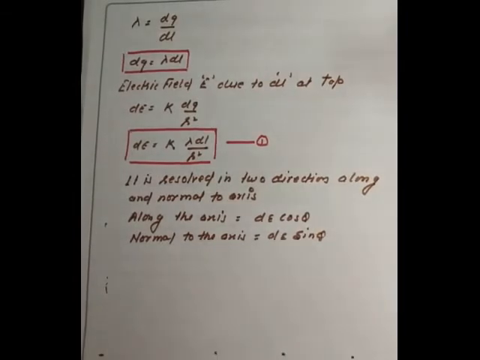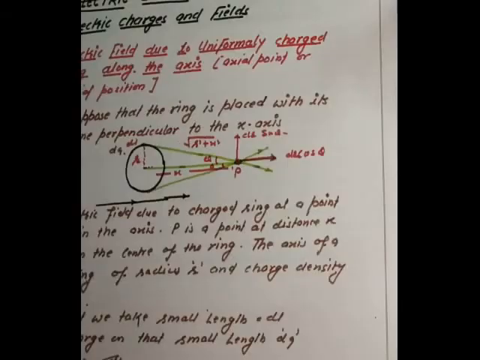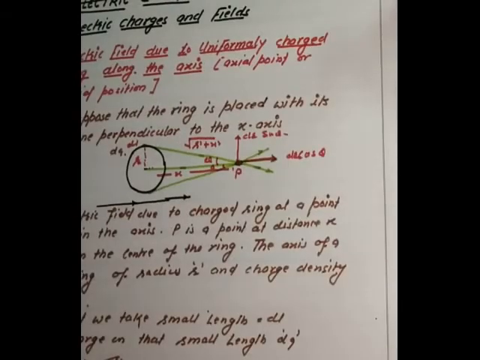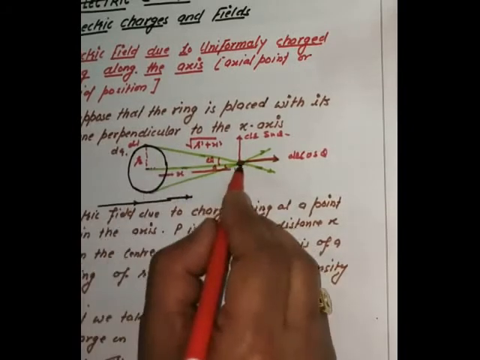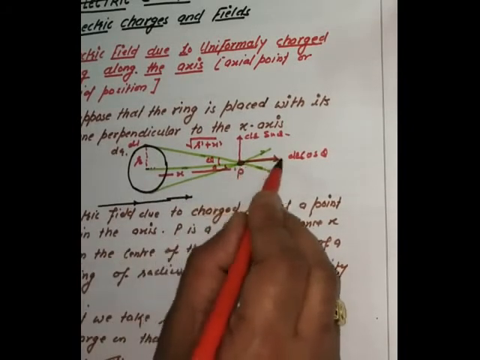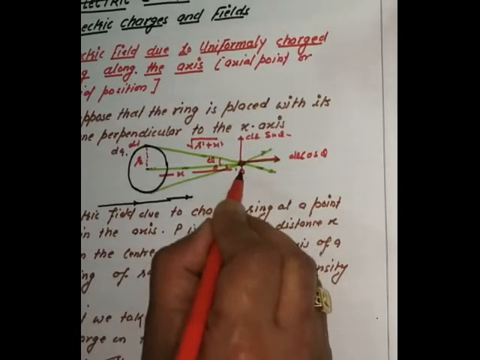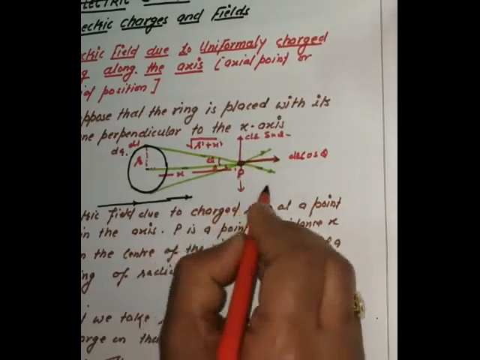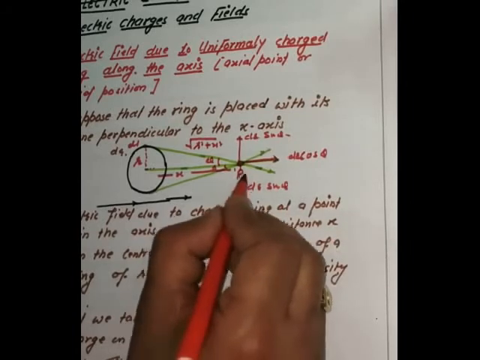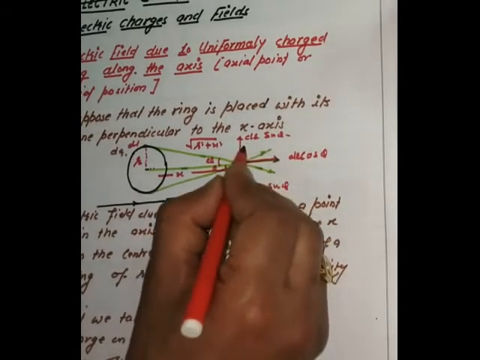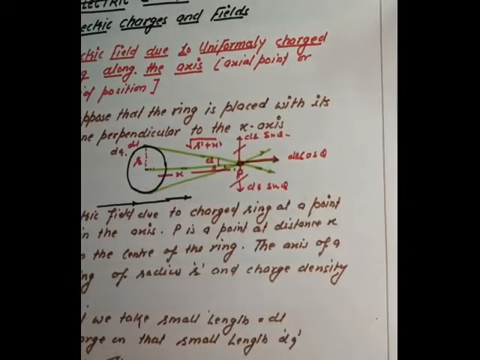So here, from this component the electric field will be dE cos theta and here dE sin theta. This dE sin theta cancels out dE sin theta.